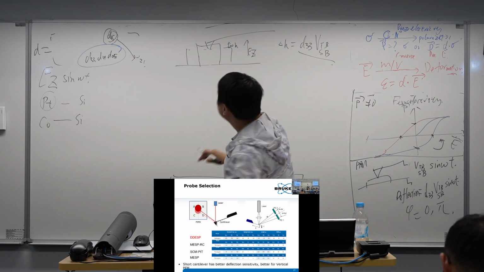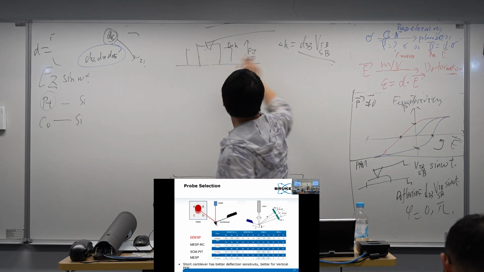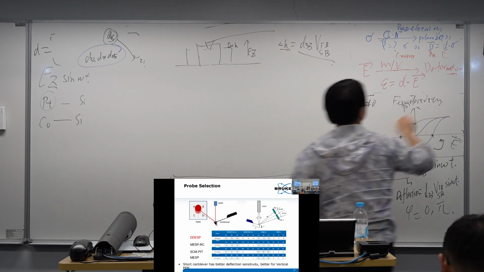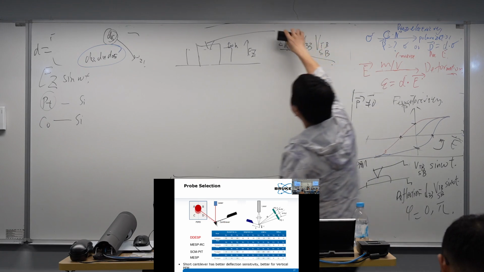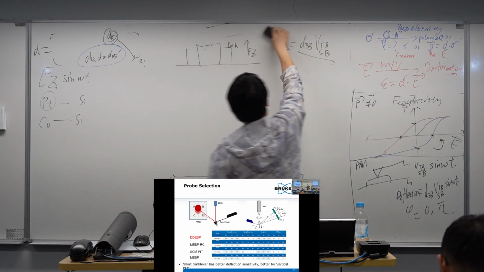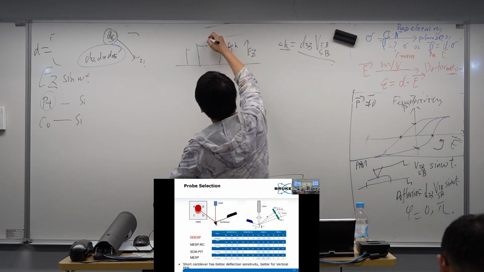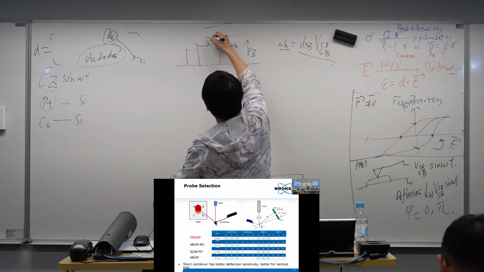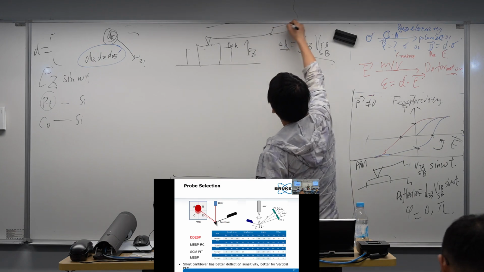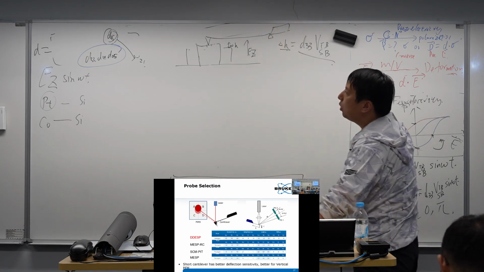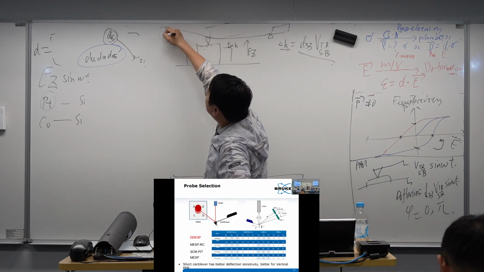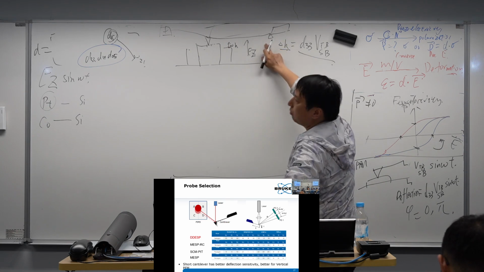And then how do we detect this delta H? We use the photodetector to detect the deflection of the probe.